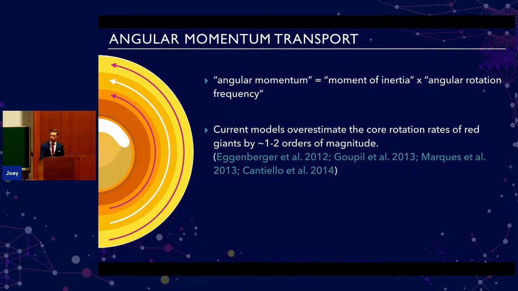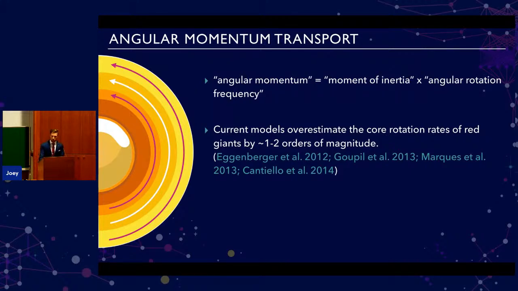And just like Earth, stars rotate. And so as the star evolves, the core starts to shrink, starts to spin up, and the outer envelope expands and slows down, unless you also have some mechanism that transports angular momentum or rotation throughout the different layers of the star.